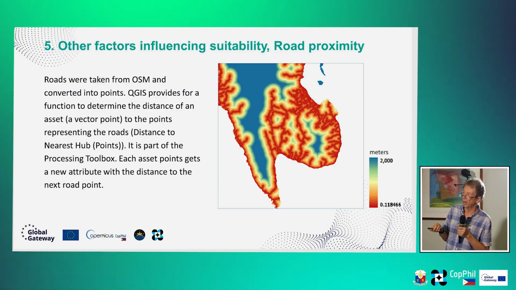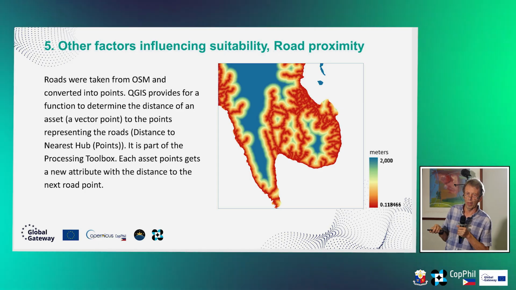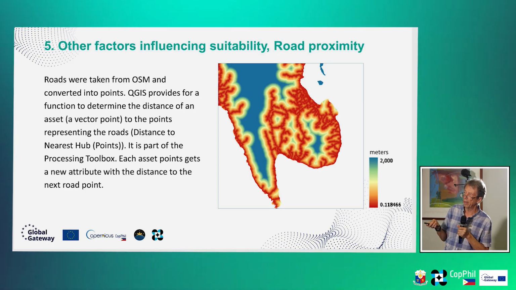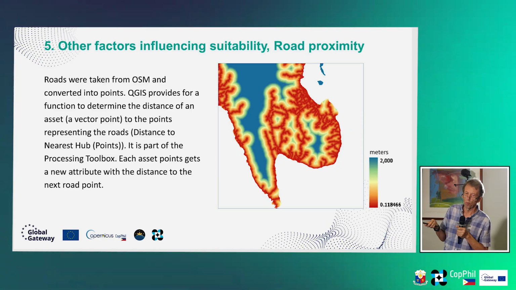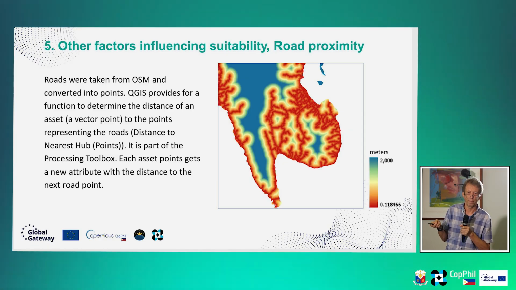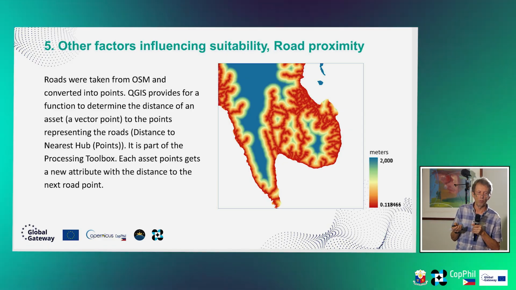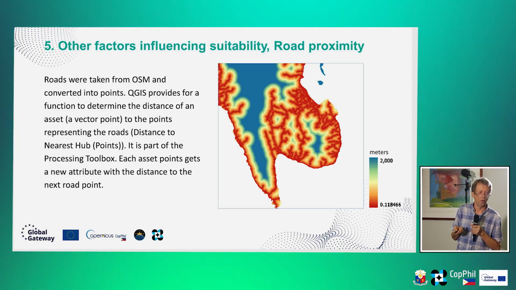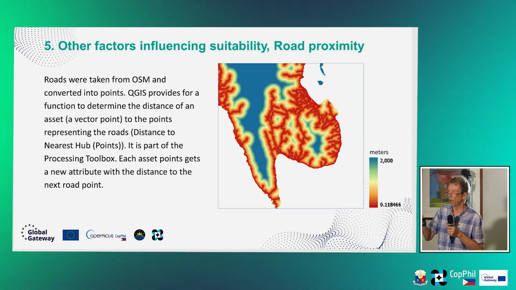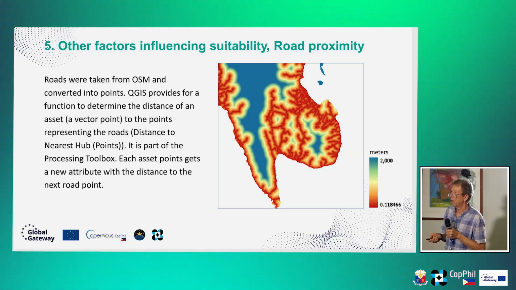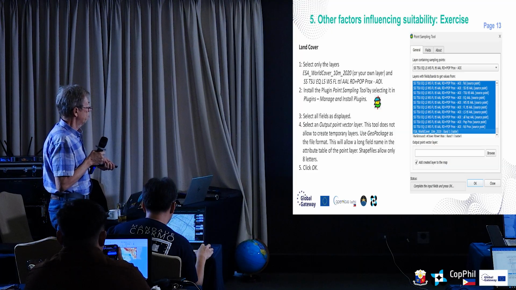So you see, if you are here, you have a road relatively close by. If you are here in the middle of the mountains, no road is very close. So if you want to select a place according to proximity to a road, you can use that.